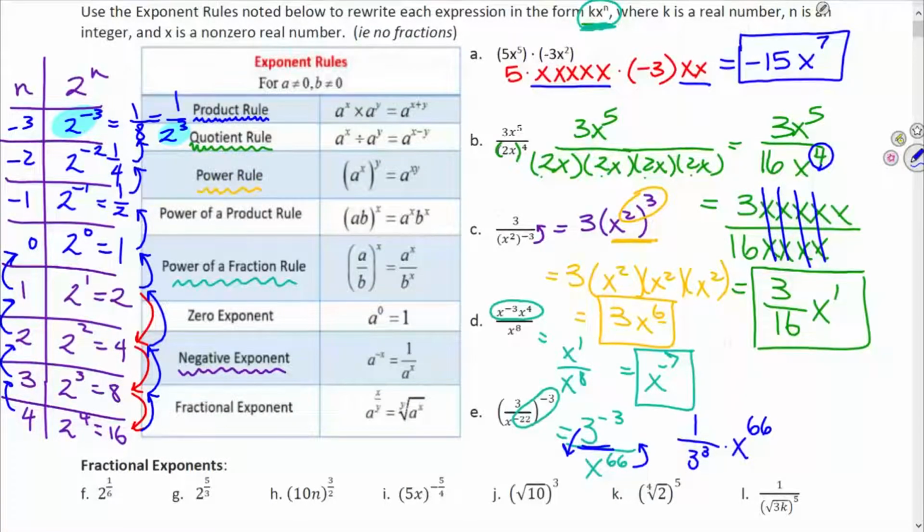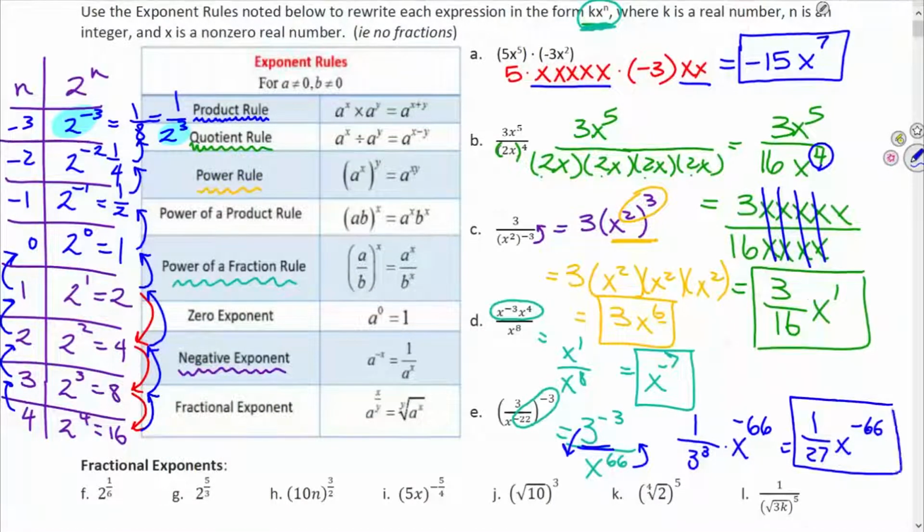Okay, bringing the 3 down, changing the sign of that exponent, bringing x up and changing that exponent. Oh, it's negative, sorry. Next, okay. And then 3 to the third power is 3 times 3, which is 9, times 3, which is 27. I get 1 over 27 x to the negative 6th power.